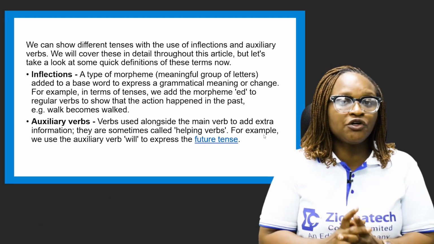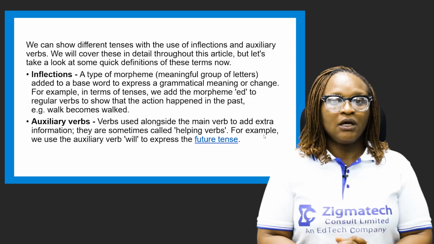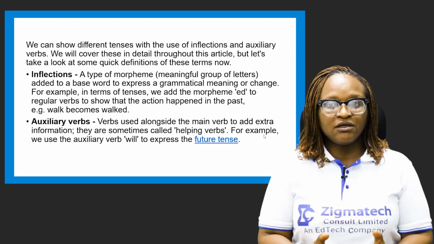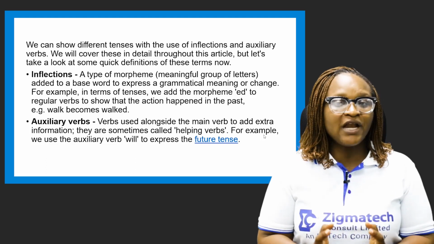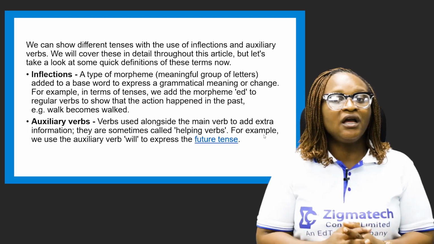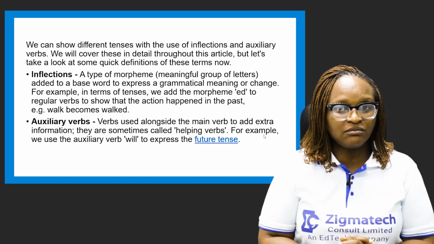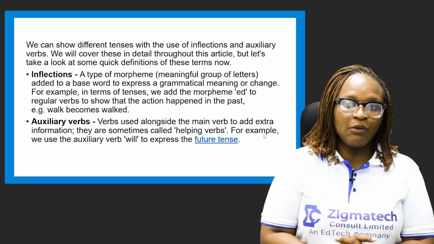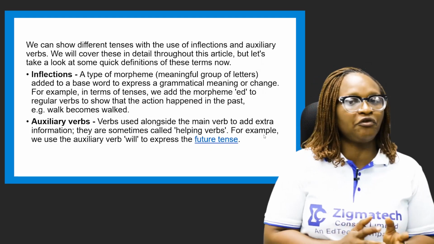If I have the word create, create is a verb, I need to add the morpheme d to the word create, or I add what we call inflections. Remember we said inflections are a type of morpheme. So if I add the inflection d to create, I will have the past tense of create.